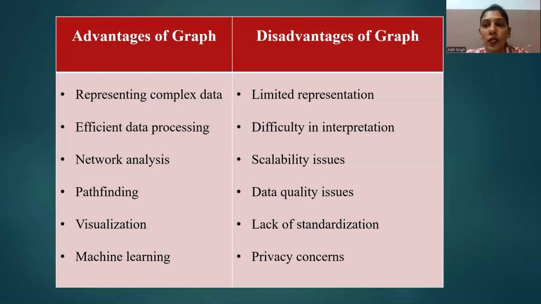Next point is visualization. Graphs are highly visual as they are very attractive. There are so many colors in them, there are lines, and they are properly made, very neat, and easy to understand. So they have high visuals.